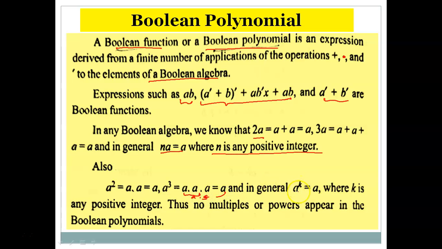So in general a raised to power k is a, where k is any positive integer. Thus in any Boolean polynomial you will not see any multiples or powers of the same elements. So this is the speciality of a Boolean polynomial. More examples related to Boolean polynomial we will see in the subsequent lectures.